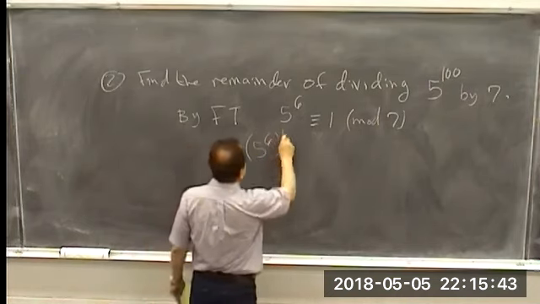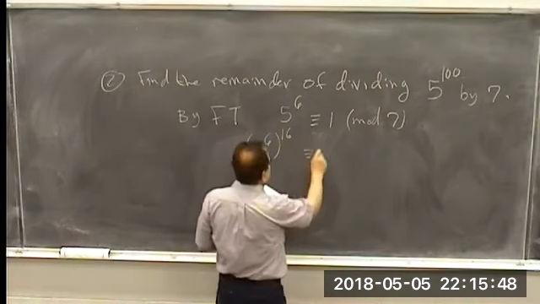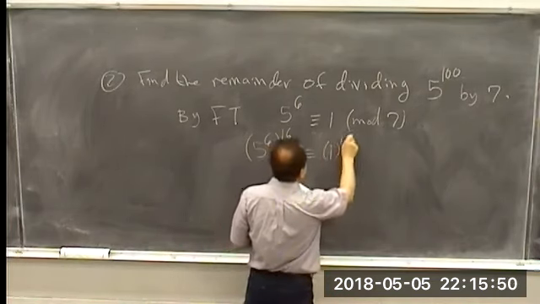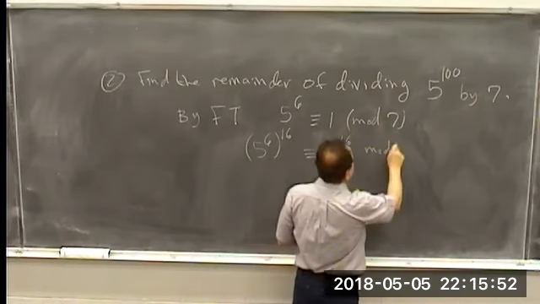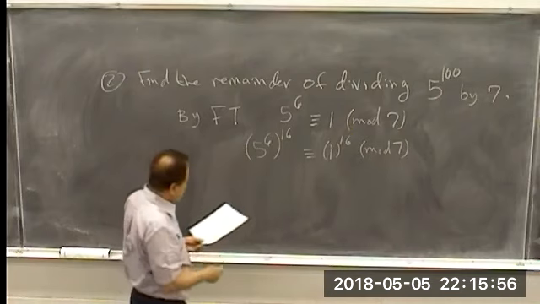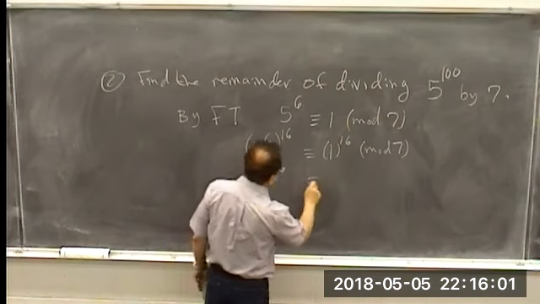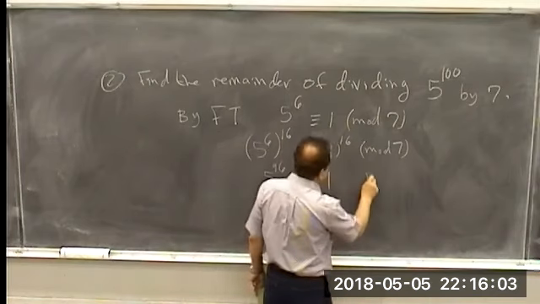If you raise this to the power 16, this gives you 1 to the 16, again mod 7. Now 5 to the 6 to the 16 gives you 5 to the 96, so this is congruent to 1 mod 7.